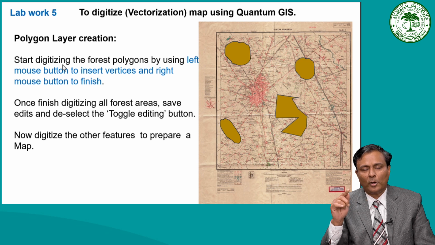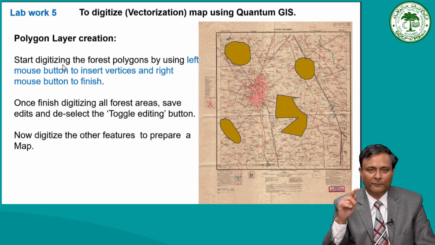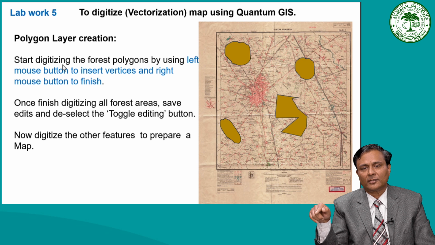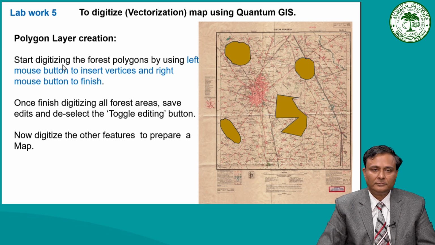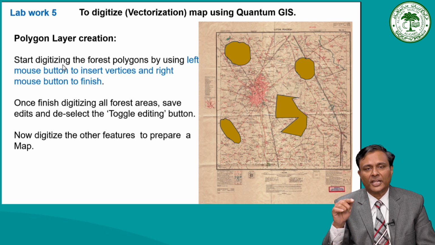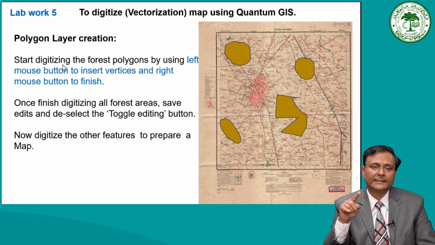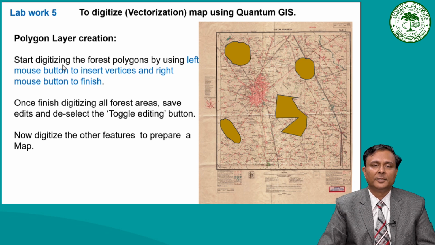So if there is any polygon, you start from one point and go on, whatever exaggeration or simplification you want to do, you do it, but you start from one point and end at the same point, and then you right click, and the polygon would be completed.